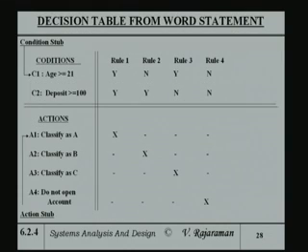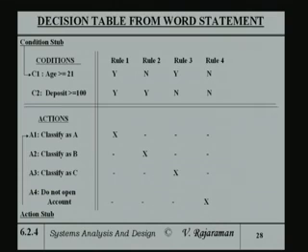The conditions are, in this case, C1 age greater than or equal to 21, condition 2 deposit greater than or equal to 100, and the actions are classify as A, classify as B, classify as C, and do not open account. There are 4 different actions. You can go through the rules one by one, very easy.